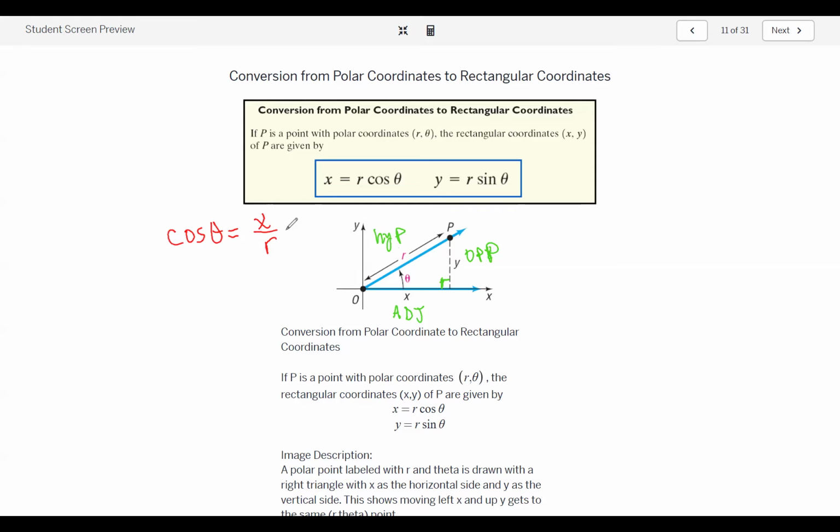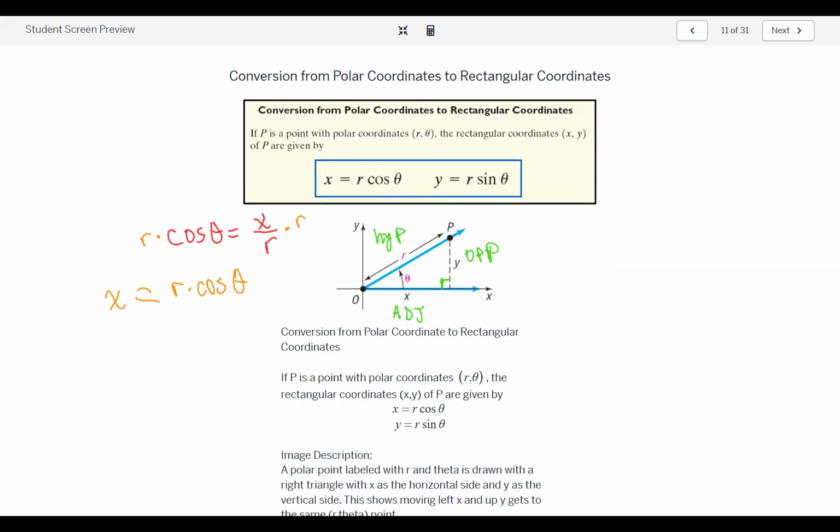And then if I multiply by r, I get the equation they put in the box, x equals r times the cosine of theta. So if I have my polar point, my r and my theta, I just do r times the cosine of that theta, calculate that, and that gives me the x coordinate for the rectangular point.